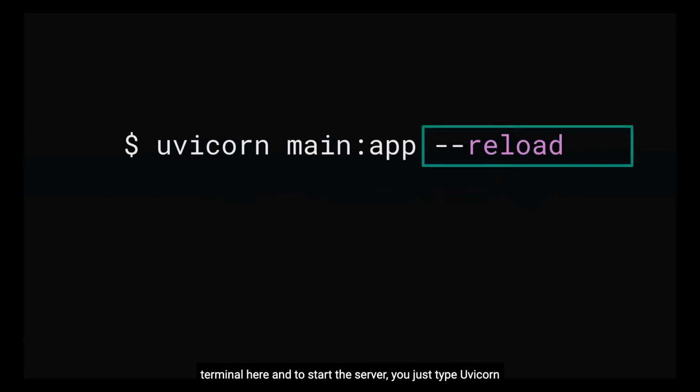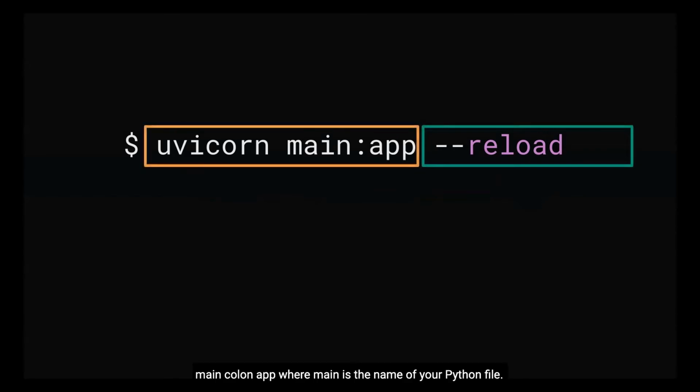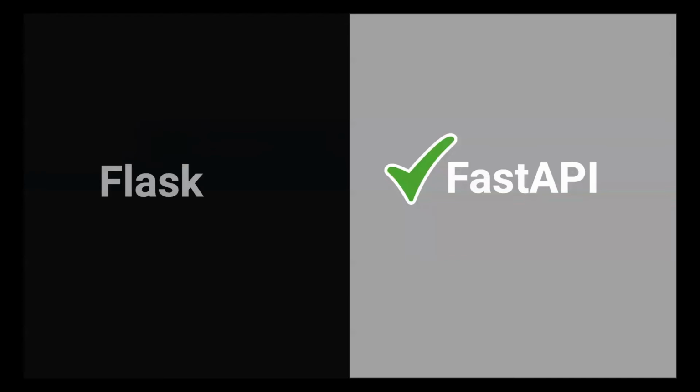And to start the server, you just type uvicorn main:app, where main is the name of your Python file you're running. So main.py, right? And think of uvicorn as a lightning fast server that allows your application to perform faster. So hot reloading will save you lots of development time because your application reloads automatically anytime you change the code.